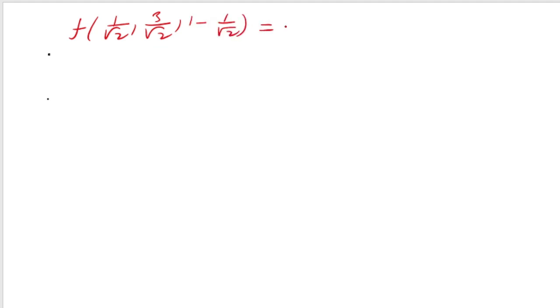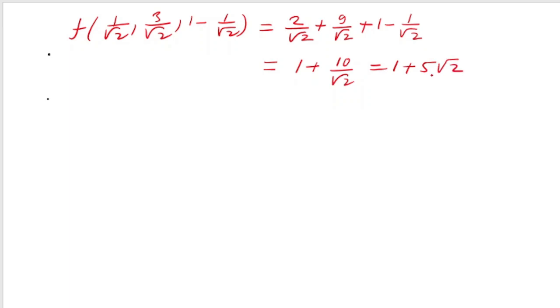So the function value is 2x, so 2 by under root 2, plus 3y, so 9 by under root 2, and plus z, so plus 1 minus 1 by under root 2. This will give me 1 plus 11 minus 1, so 10 by under root 2. So I got the function value, that is 1 plus 5 into under root 2.